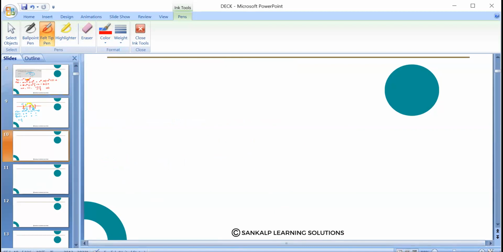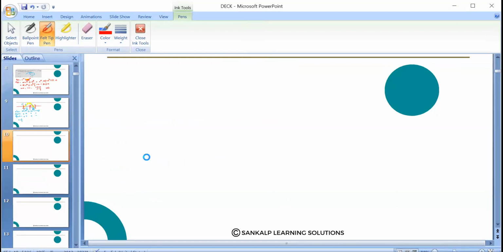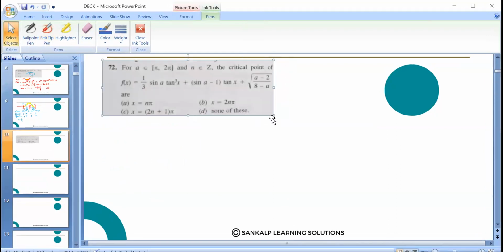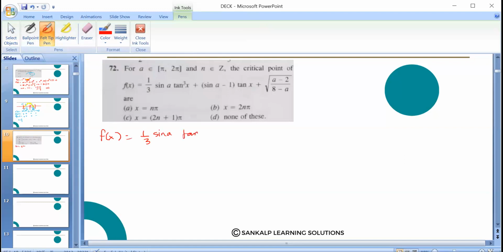Next, I will put 72. For a between pi and 2 pi, the critical point of the function you have to find. So the function is 1 by 3 sine a tan cube x plus sine a minus 1 into tan x plus root of a minus 2 by 8 minus a.